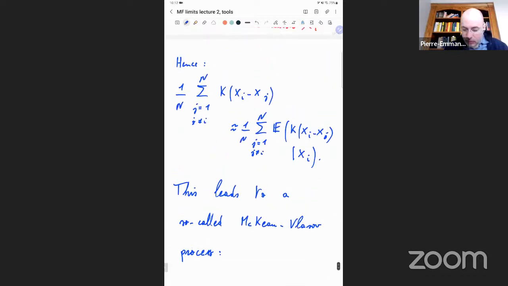Now I'm going to ignore the case j equal i in those sums, because anyway, that's a correction of order 1 over n, right?